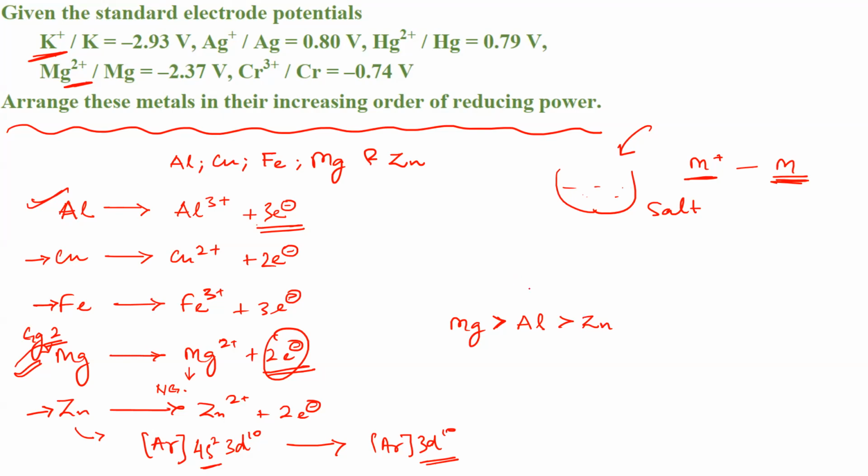Now let us compare copper and iron. What is the atomic number of copper? This is 26, this is 27. Okay. Now in this case, you have to remember that Fe is going to give electrons more easily than copper.